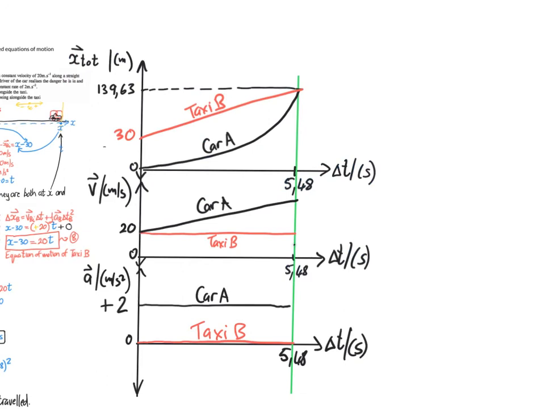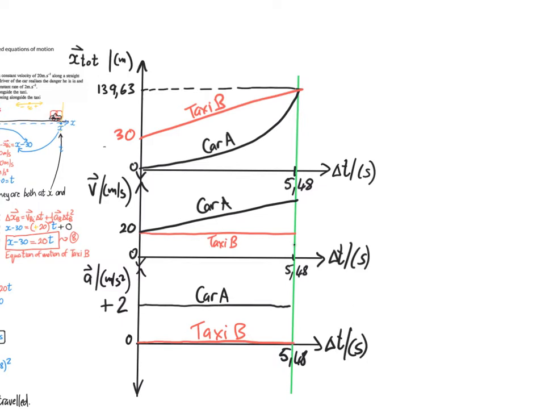So looking at the graphs of motion, I've used two different colors to denote the motion of the two vehicles. Taxi B: its initial velocity is 20 meters per second, and over the 5,48 seconds, it maintains its velocity of 20 meters per second, which means that the acceleration of the taxi is 0.